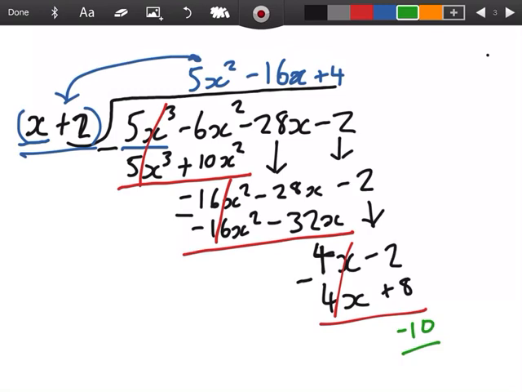Let's just see here. So that's the remainder there. And the bottom part... Sorry, I'm just trying to work this out here.